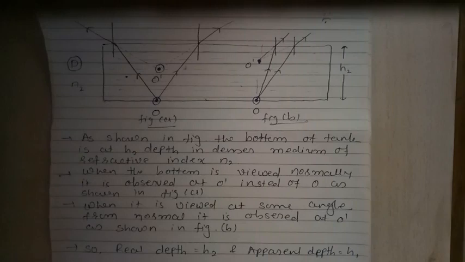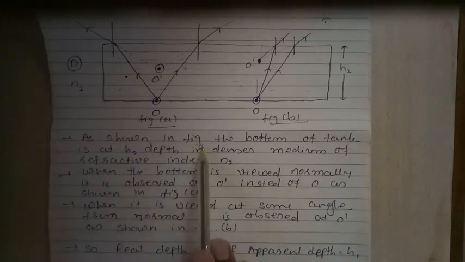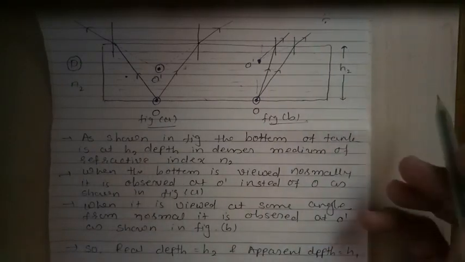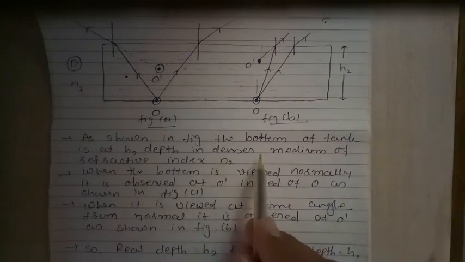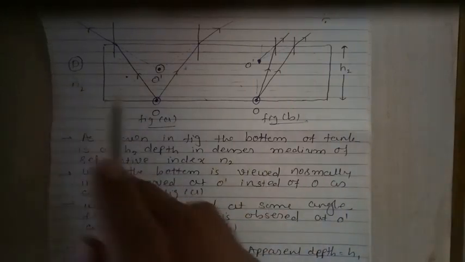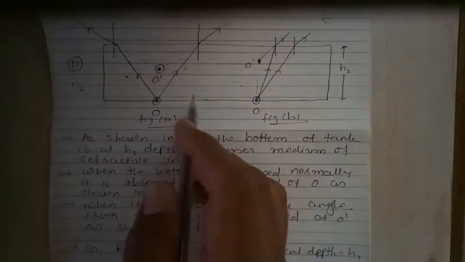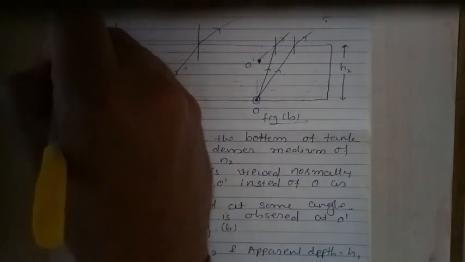So in the figure, the bottom of the tank is at depth H2. Here you can see this is the denser medium, with refractive index N2. Here this is the rarer medium of air, and the refractive index is N1, right?